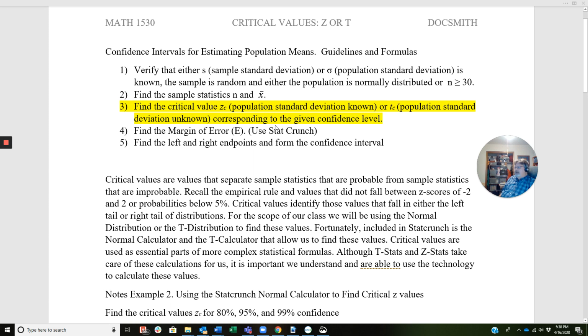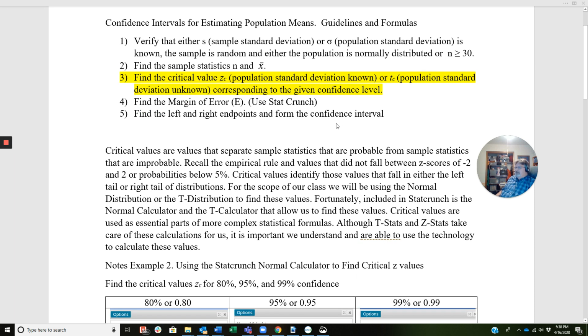So we're going to learn how to find the critical values with the population standard deviation known, which is the Z values. We are also going to use that for proportions, or the T value, which is population standard deviation unknown, and that's new, and we're going to be introduced to that in this video.